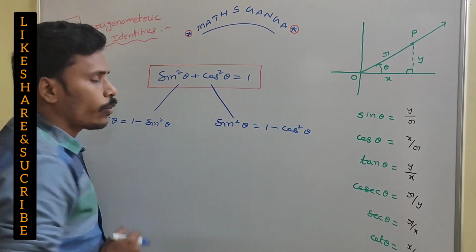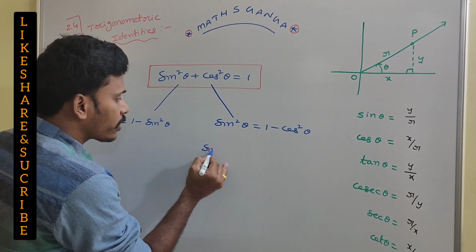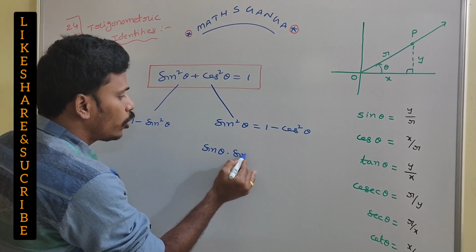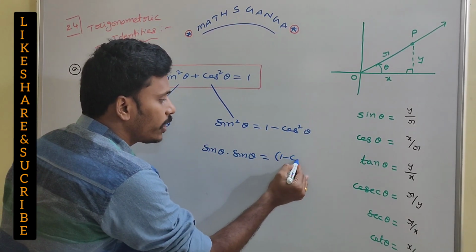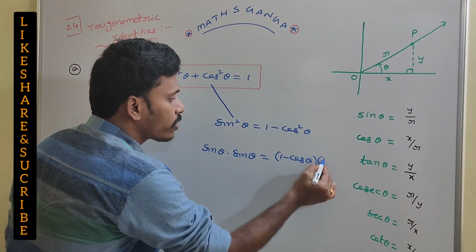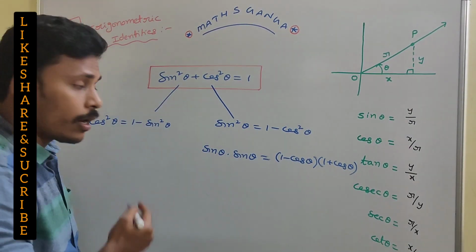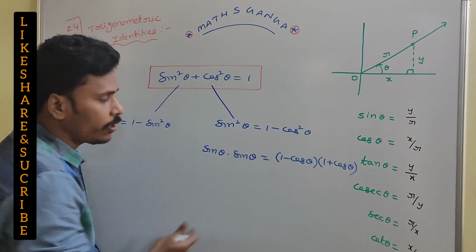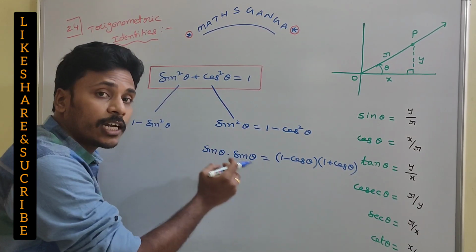Now see here, sin square theta is equal to 1 minus cos square theta, and I will rewrite it like this: sin theta into sin theta is equal to 1 minus cos theta into 1 plus cos theta. And now if you rearrange it, you send one of these two terms to the left side and one sin theta to the right side.